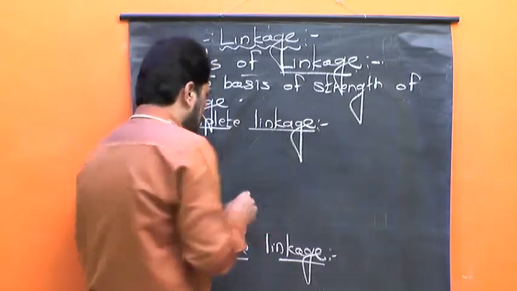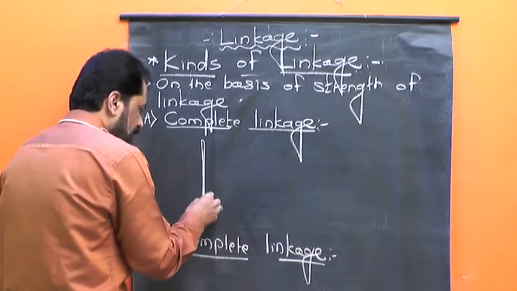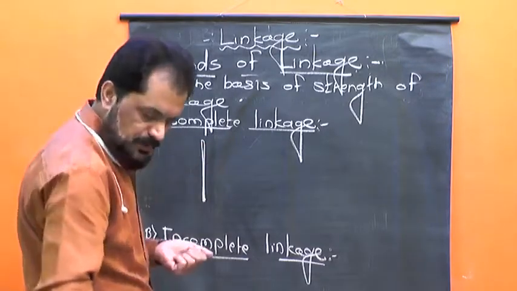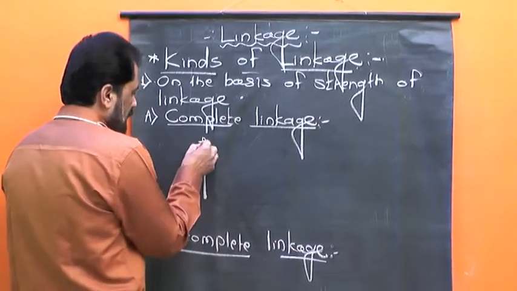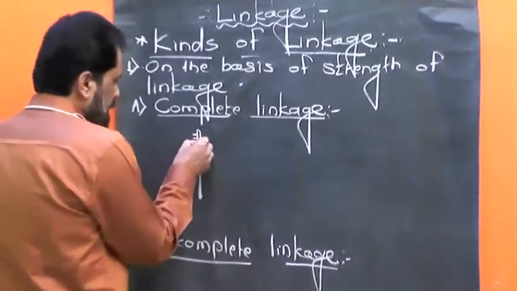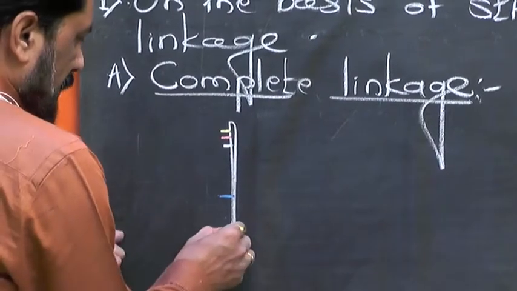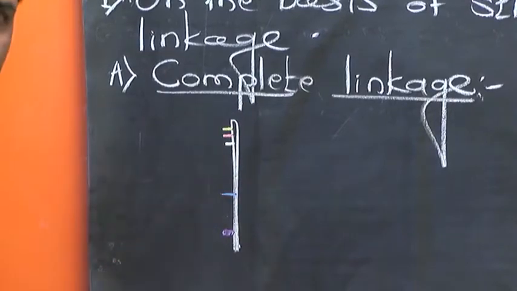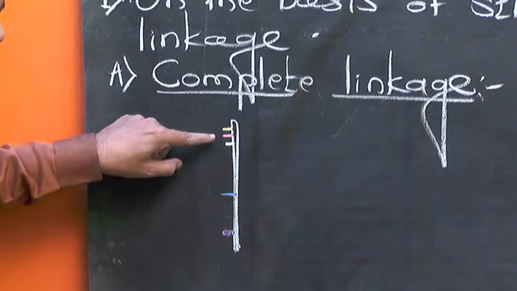Let me explain. Suppose here is a chromosome, and on this chromosome there are a few genes. I am going to use different colors for your understanding. Now you can see yellow colored, red colored, white colored.